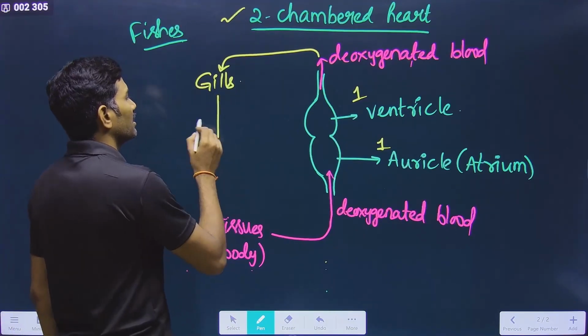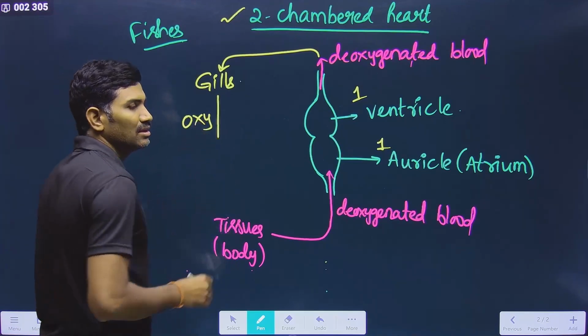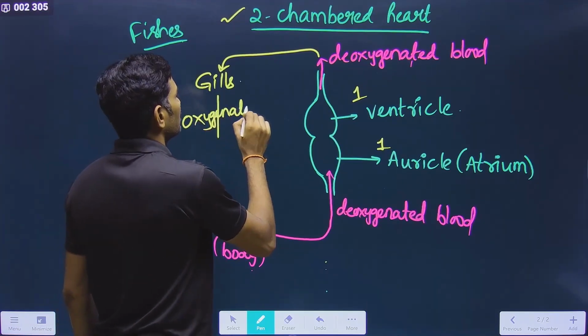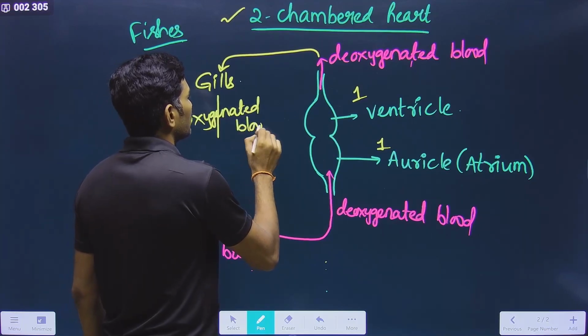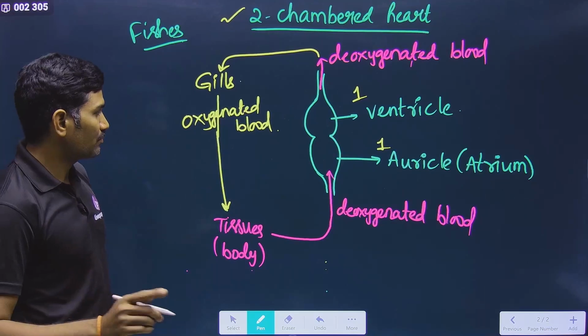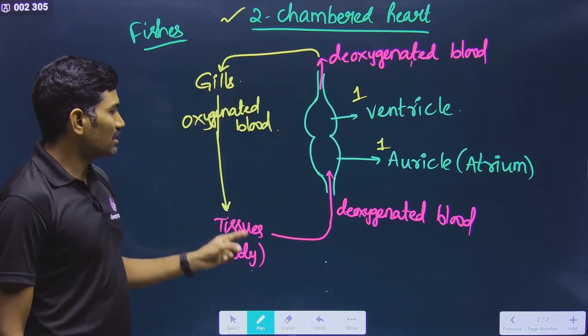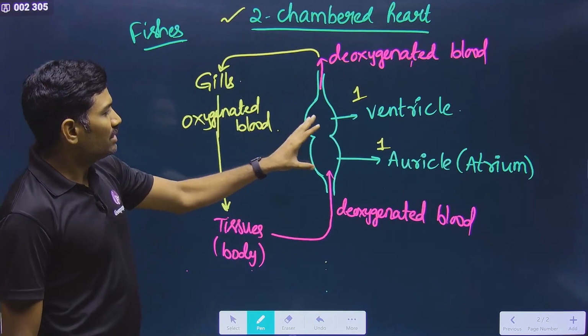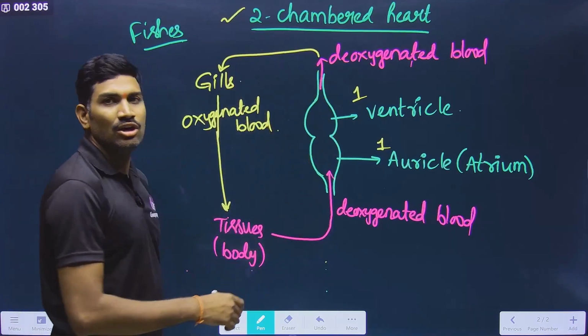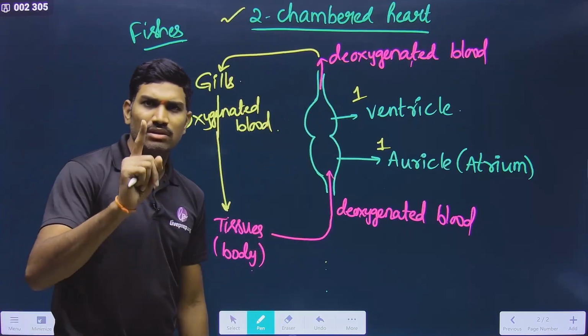Now here at the gills, what happens? Oxygenation will occur. Exchange of gases will occur. So oxygenated blood will come here. And this oxygenated blood is supplied to the tissues. Please observe carefully. So in this way, in this particular complete cycle, how many times blood is coming to the heart in one cycle? Only once.